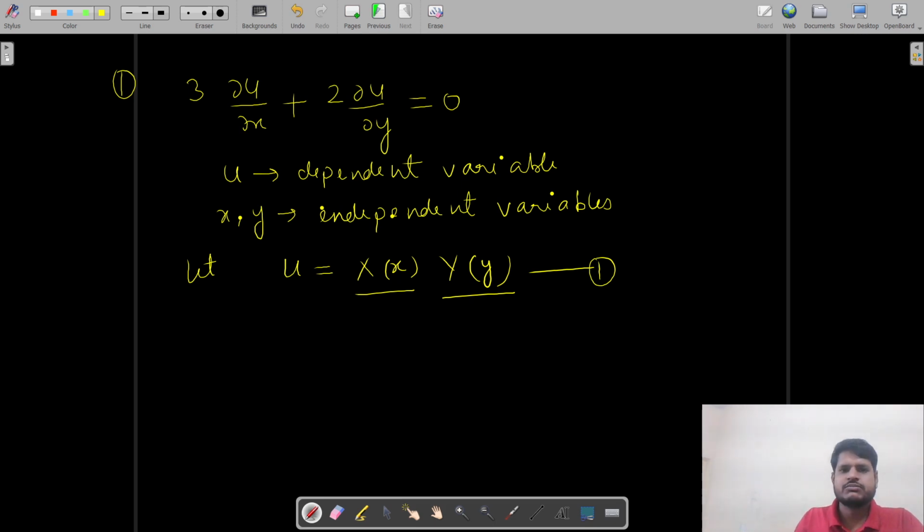You have to assume this equation 1 according to the independent variables you have been given. Here the independent variables are x and y, that's why I am taking here X of x and Y of y. Suppose this is given t, so you have to write capital T of small t, right?